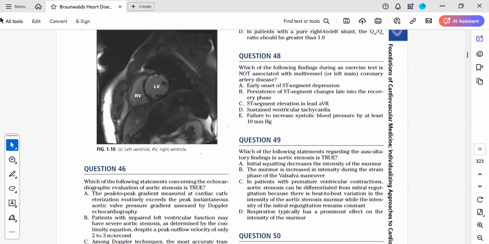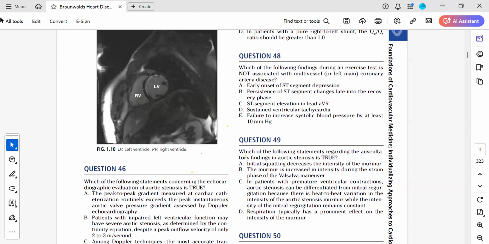So in patients with premature ventricular contractions, aortic stenosis can be differentiated from mitral regurgitation because there is a beat-to-beat variation in the intensity of the aortic stenosis murmur, while the intensity of mitral regurgitation remains constant. After a premature ventricular contraction, there's more blood in the LV, so the murmur of aortic stenosis will actually be louder.